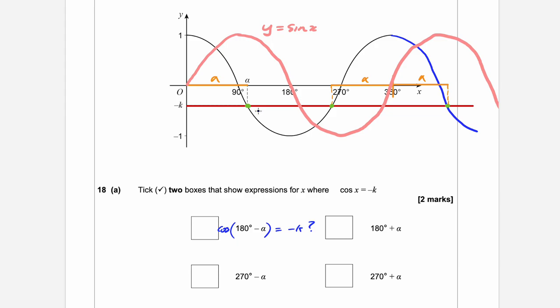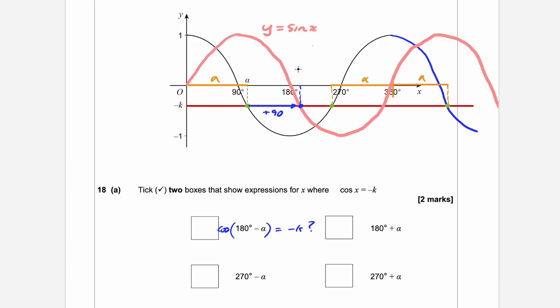Now where does this equal minus k? Well, it equals minus k certainly down here, but what's that value? Well, look, everything's been moved to the right by 90 degrees. So if this guy's at alpha, we're going to move it to the right by 90. So what is this value here?